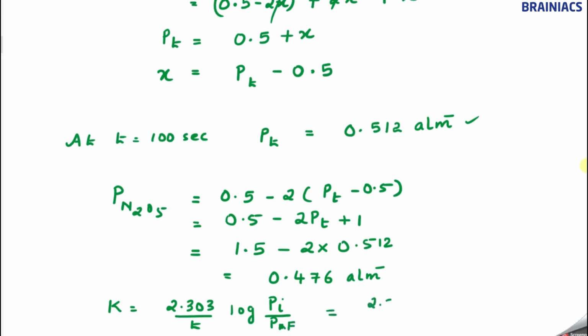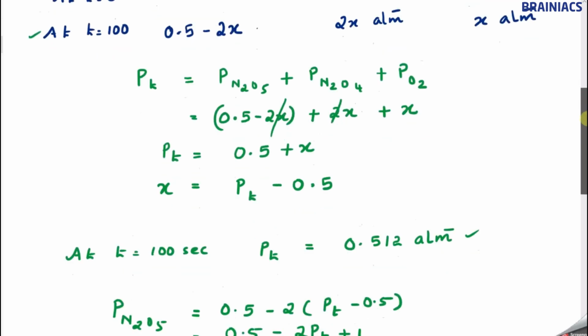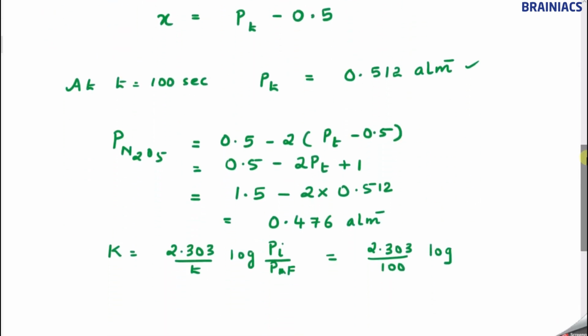So 2.303 by time, which is 100 second, log of initial pressure. The initial pressure was, you might know it from the question, 0.5 atmosphere, you remember. So let's substitute 0.5 atmosphere, and the pressure of the reactant after 100 second, which we calculated as 0.476 atmosphere.